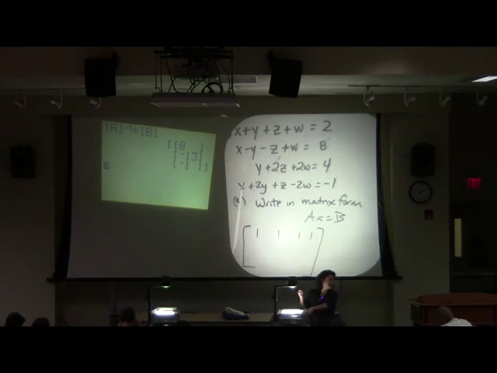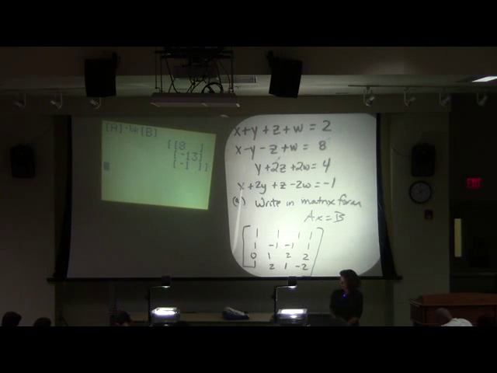What's my second row? 1, negative 1, negative 1, 1. What's my third row? 0, 1, 2, 2. Right? There's no x. And 1, 2, 1, negative 2. You with me there?